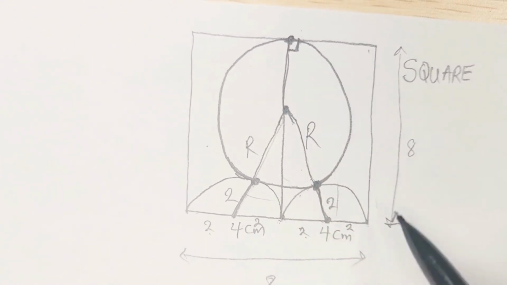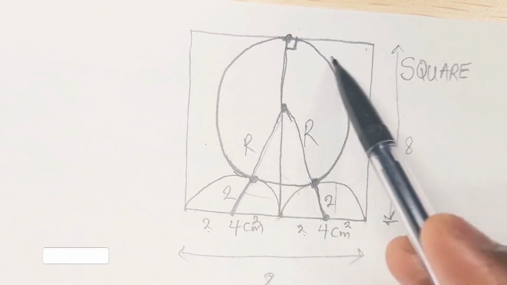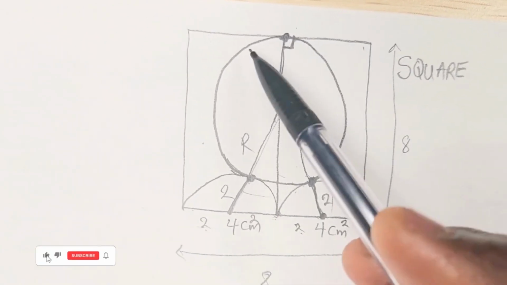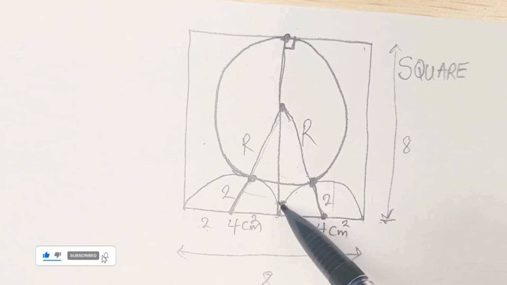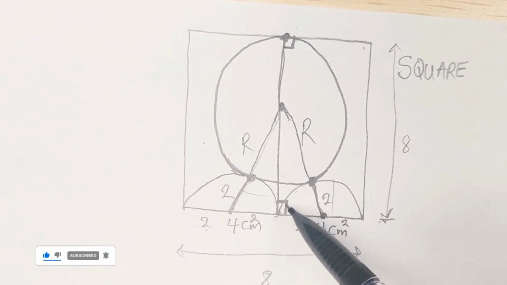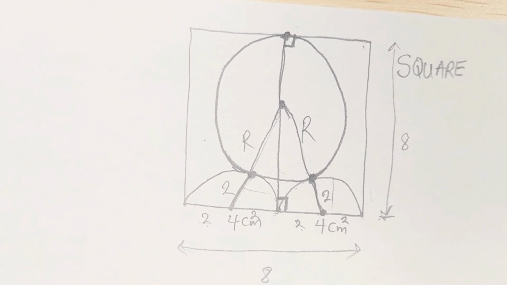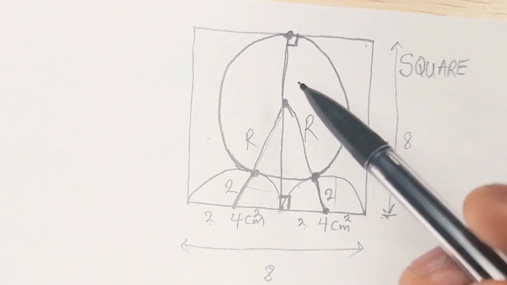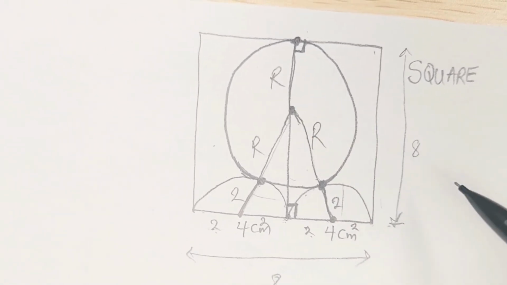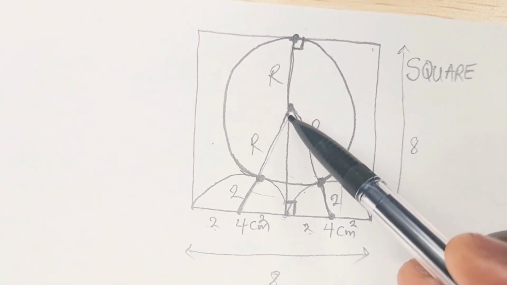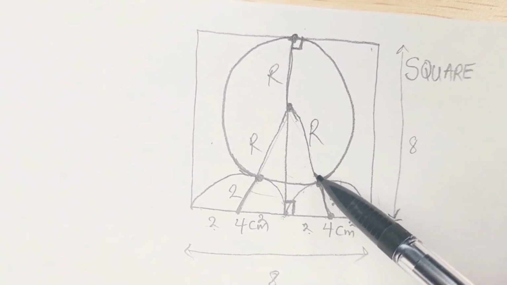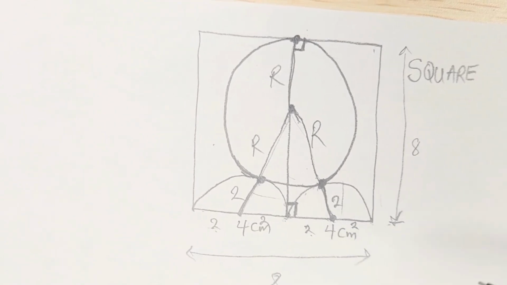And then, because this is a square, these sides are equal, so this also is 90 degrees. Now, this is our radius as well. So we have this as radius, this as big radius, that big radius, and then the small radiuses.